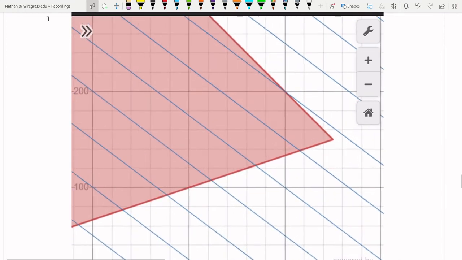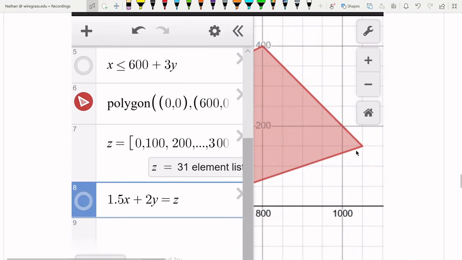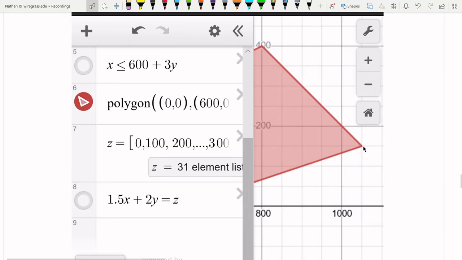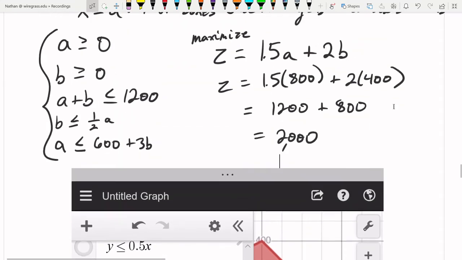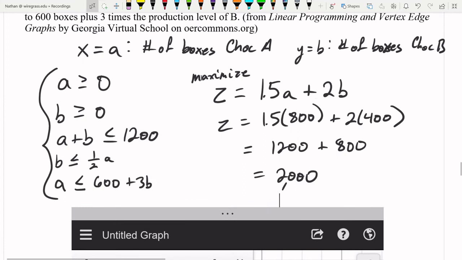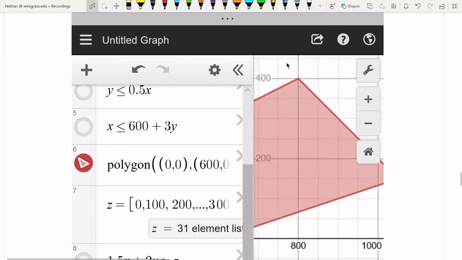This one over here, let me turn off this for a moment. This one here is at 1050, 150. And so you could test that point into this objective function, but you're going to see it's going to be less than $2,000. So just test the vertices of these feasible region, and you'll find the maximum there.